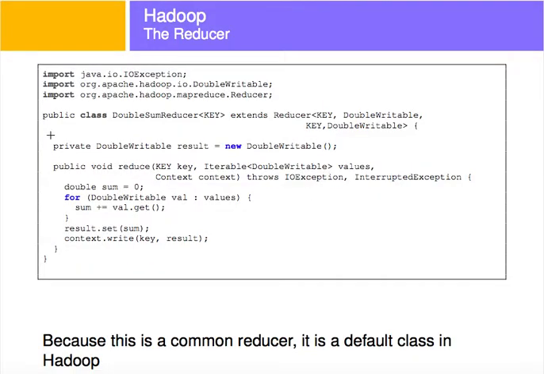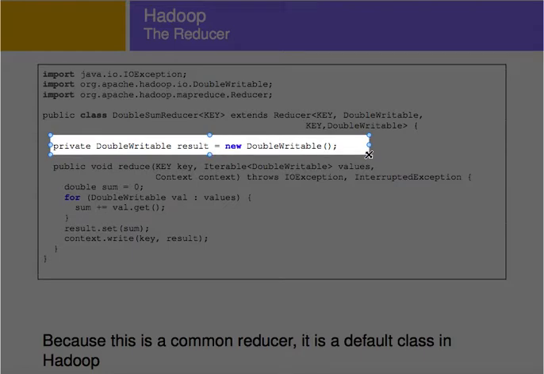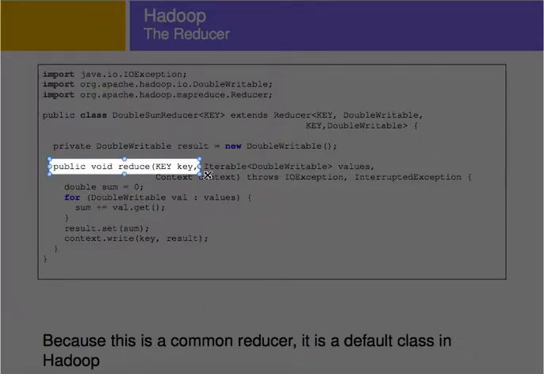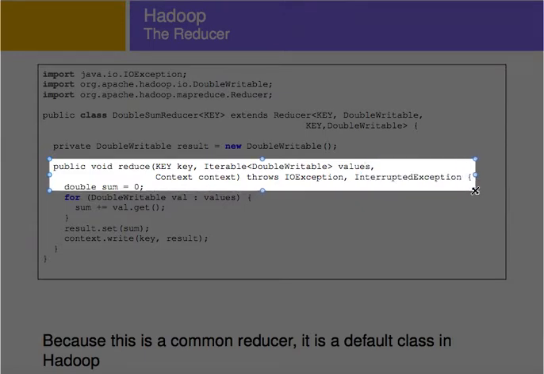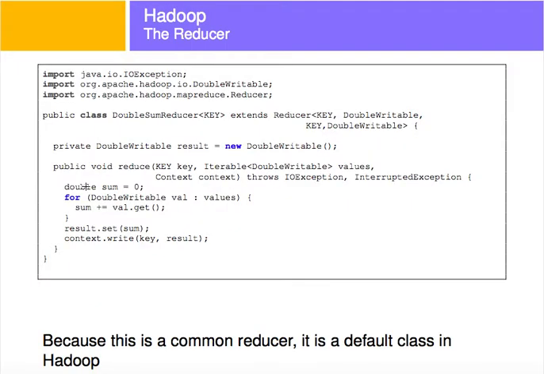So I get a private variable called result, and then I override the reduce method. In the reduce method, I get the iterable of whatever writable values I want to reduce and the context.